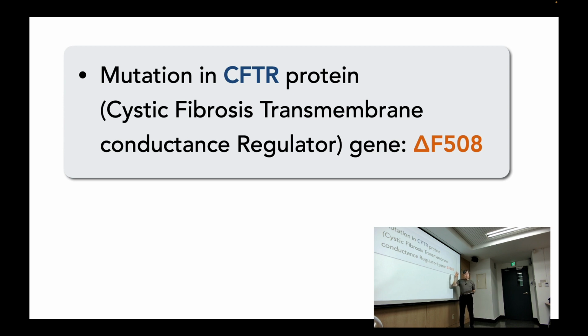So only one single amino acid is gone. Everything else is perfectly fine. So usually you can expect that this mutant protein should also function normally. But no, not in this case.